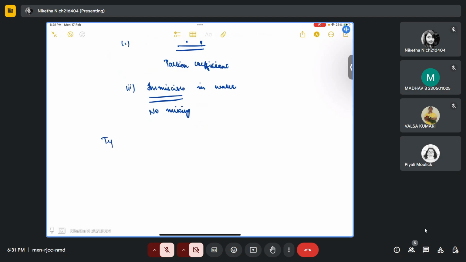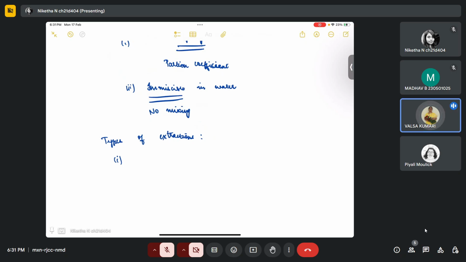So now coming to the different types of extractions. So can you tell me what are the different types? Liquid extraction, solid phase extraction.